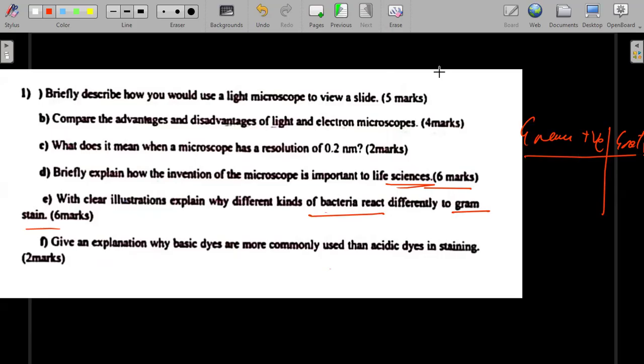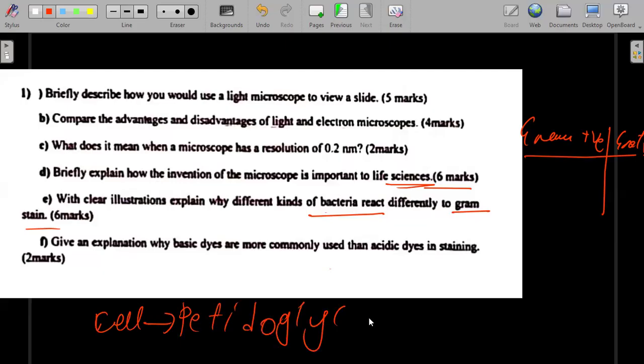So all bacteria have a cell. Embedded in this cell, there's a carbohydrate called peptidoglycan. So this is a carbohydrate embedded in the cell of a bacteria, peptidoglycan.